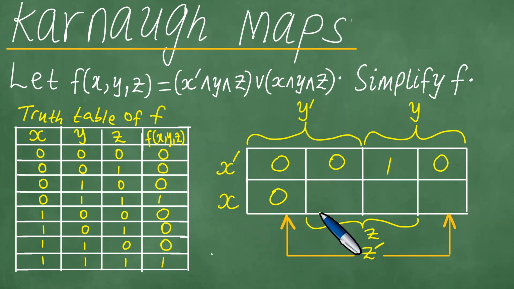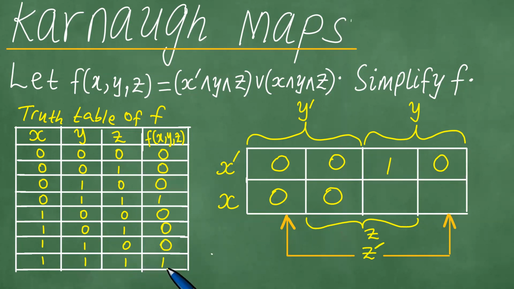Next, 1, 0, 1, because it's X, Y primed, with Z. 1, 0, 1 is a 0. Then you come to this one because it's X, Y, and Z: 1, 1, 1.